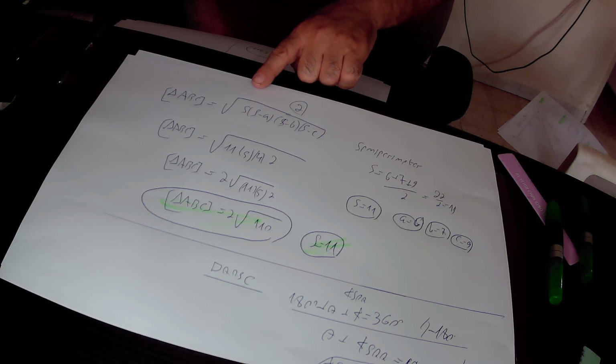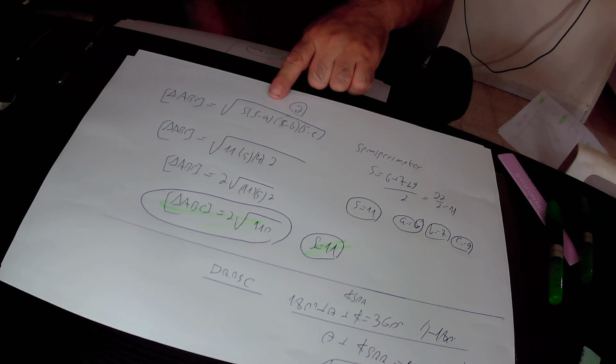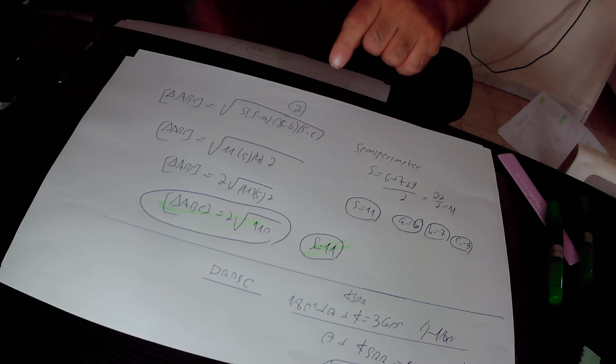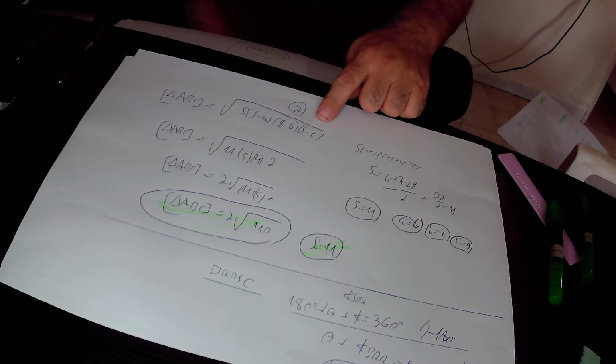So the area equals the square root of s, which is 11, times s minus a, 11 minus 6, that is 5, times s minus b, 11 minus 7, that is 4, times s minus c, 11 minus 9, that is 2.